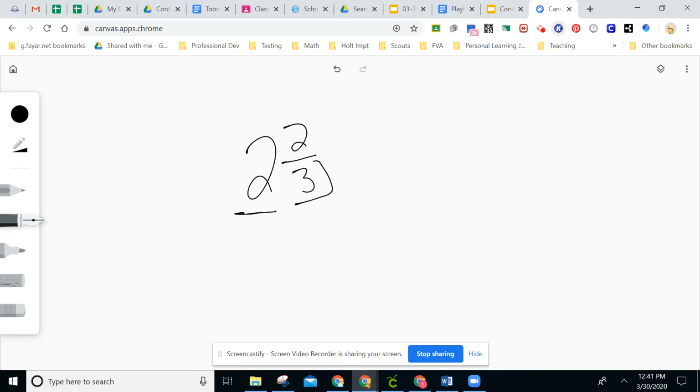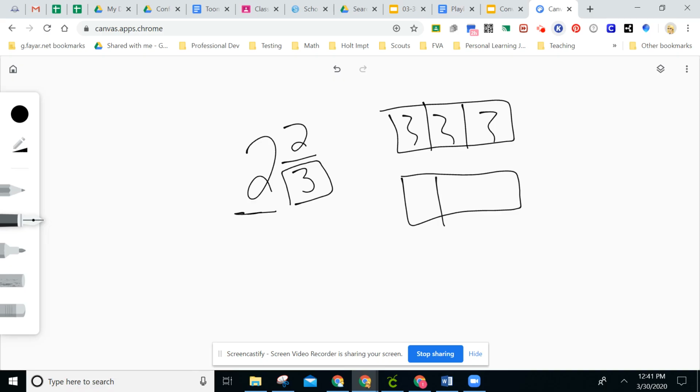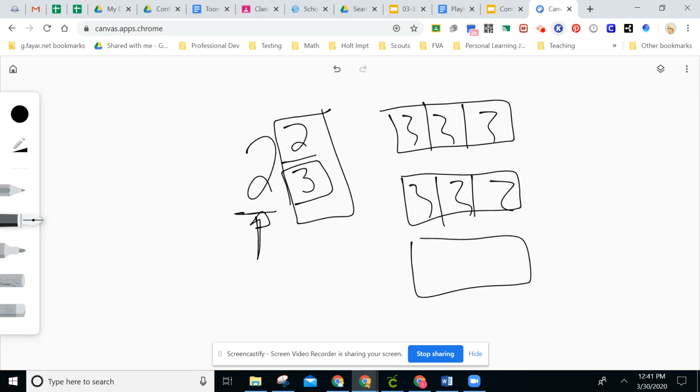And I know that they are cut into third pieces, right? So I'll go back to my rectangle here just because it's a little bit easier. So I know I have 2. So 1, 2, 3. I have all those pieces. There's this part right here, but then I also have this 2/3 right here.